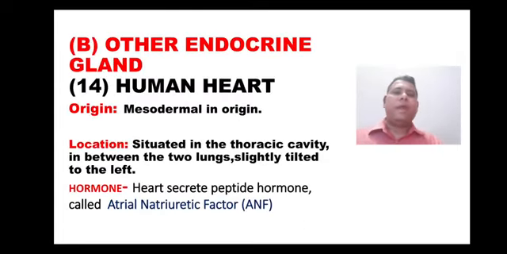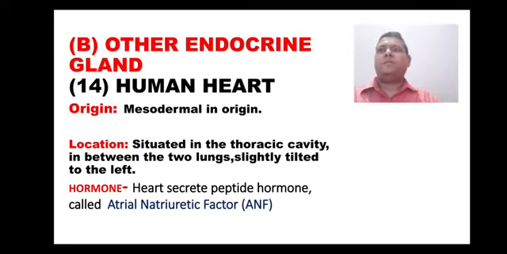Other endocrine glands, for example the human heart. The human heart is an organ that pumps blood throughout the body via the circulatory system, supplying oxygen and nutrients to the tissues and removing carbon dioxide and other wastes.